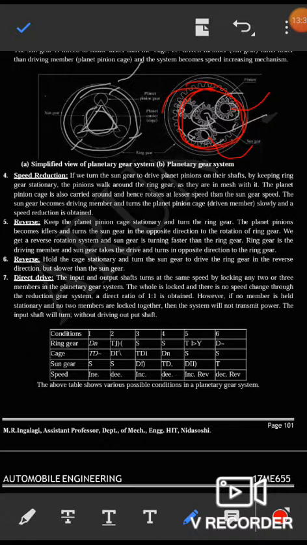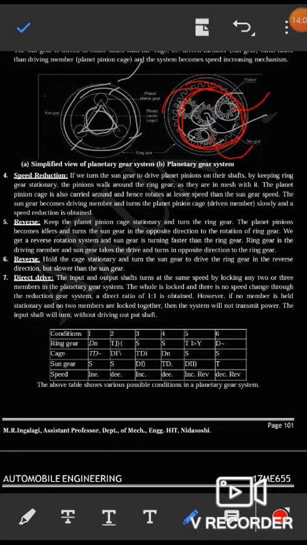So opposite to the ring gear, the sun gear will rotate, so that we get a reverse rotation system, and the sun gear is turning faster than the ring gear. The ring gear is the driving member and the sun gear takes the drive and turns in the opposite direction to the ring gear. Likewise, you get the reverse of the vehicle. You can move in reverse. We can take the reverse.